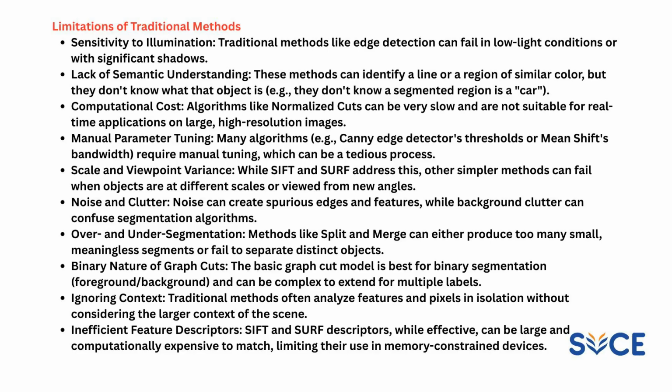So noise in an image can create countless fake edges and features, while background clutter can confuse the segmentation algorithm. The algorithms are trying to find patterns, but the noise and clutter create so many distractions that the true pattern can get lost.